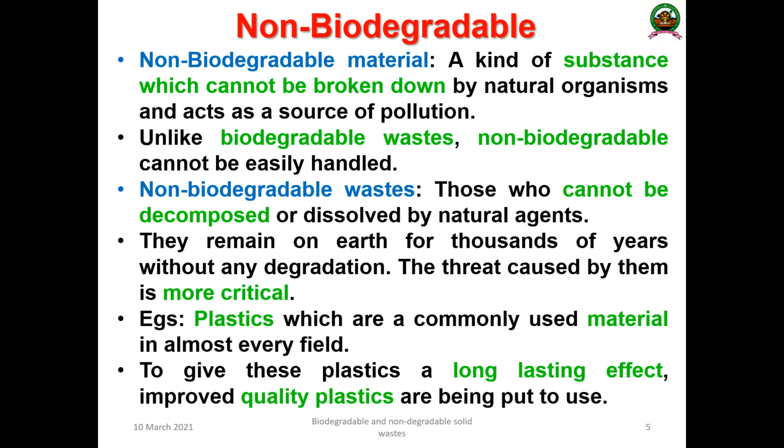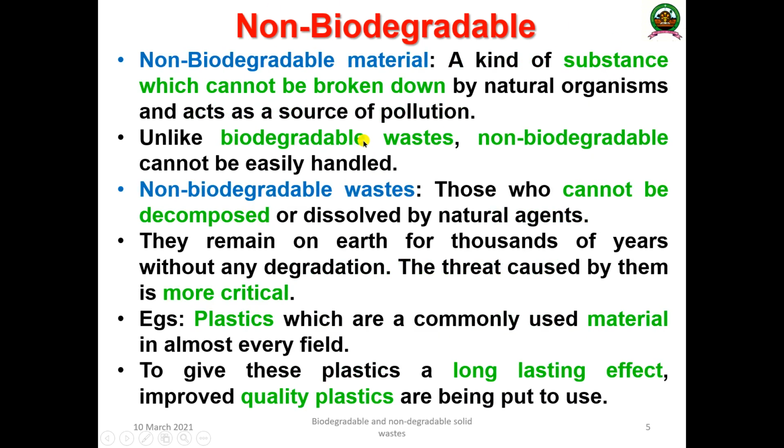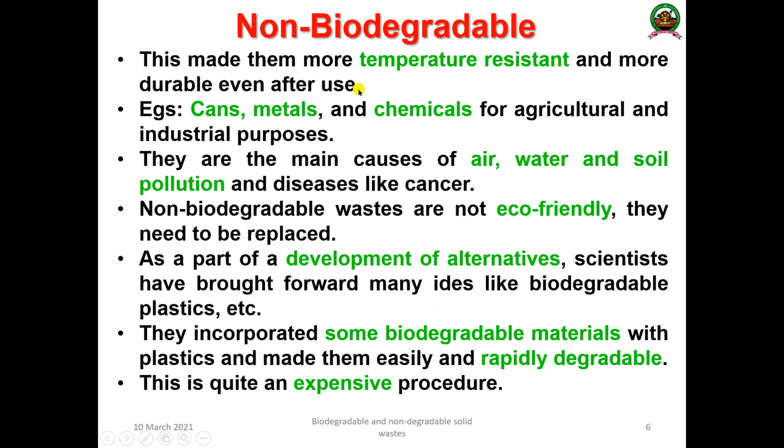They have improved the quality of plastic by several methods that also contribute to the threat of non-biodegradation. When additional substances are added to the plastics, this makes them more temperature resistant and more durable even after use. Examples: cans, metals, and chemicals for agricultural and industrial purposes.